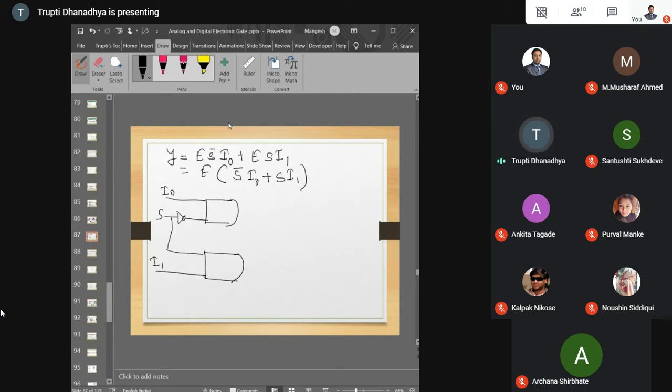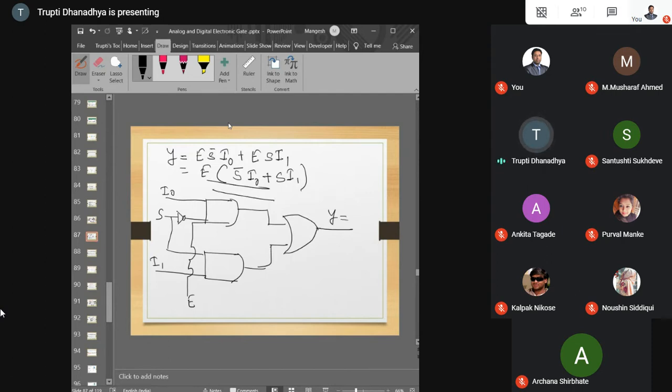E is also required, so both AND gates are connected to E. Now, there is addition, so we take one OR gate, and we get the output equation Y equal to this equation.